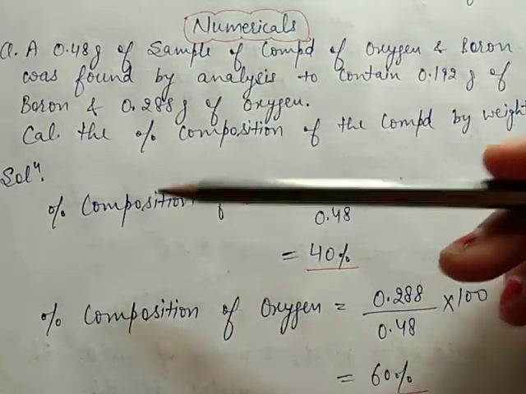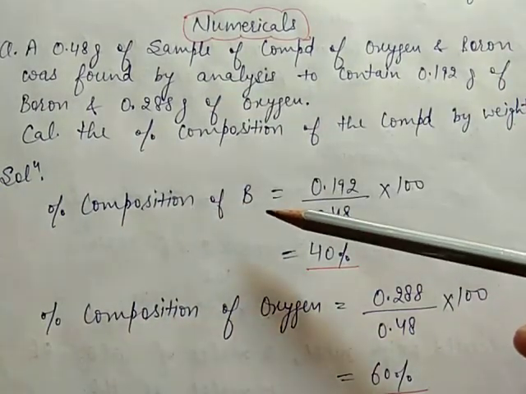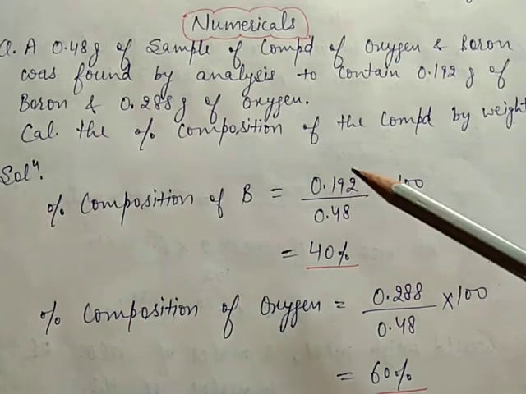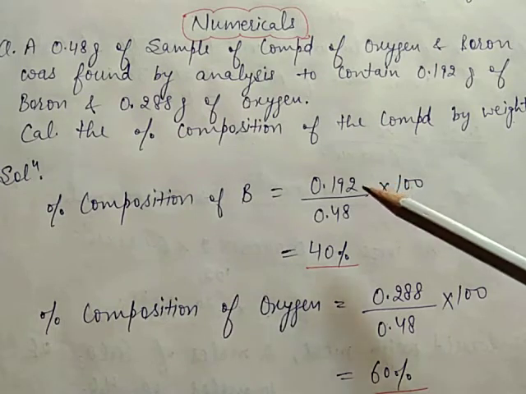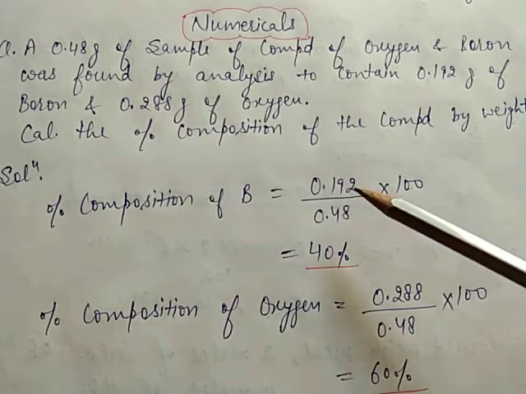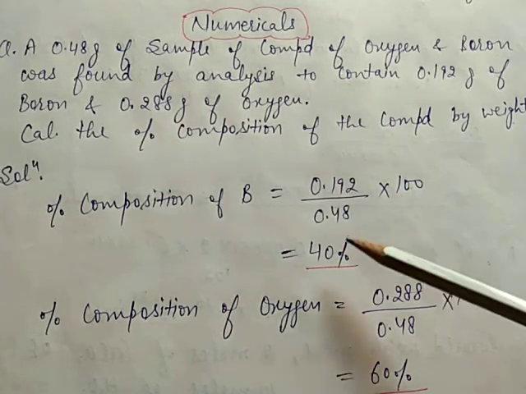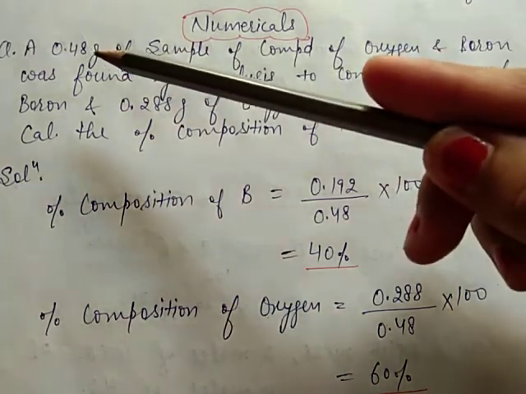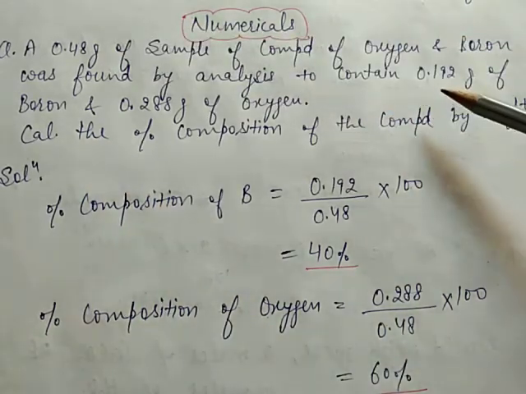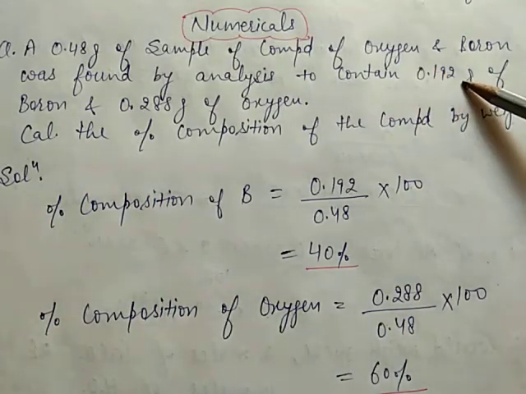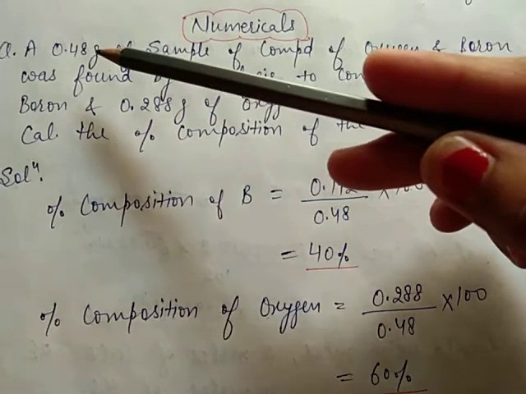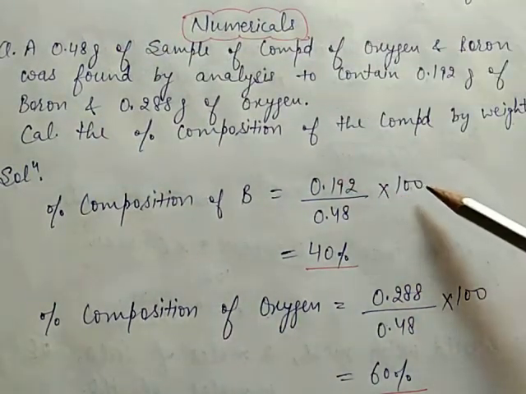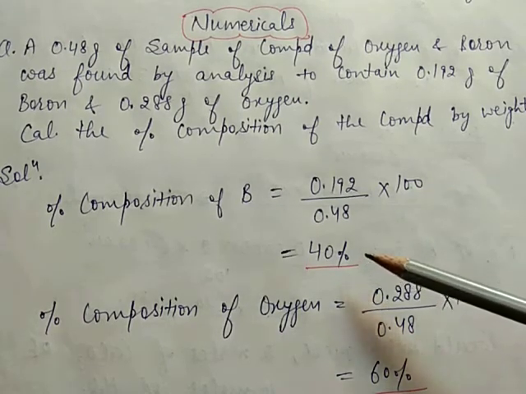Apply the formula, percentage composition of boron is equal to mass of boron present, that is 0.192, divided by total mass of the compound, this is given 0.48. Multiply by 100. After calculating, 40% is the answer.